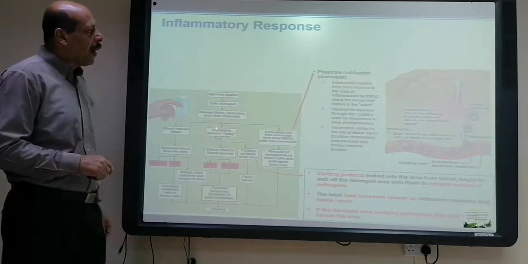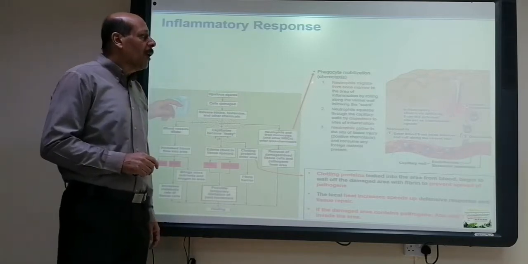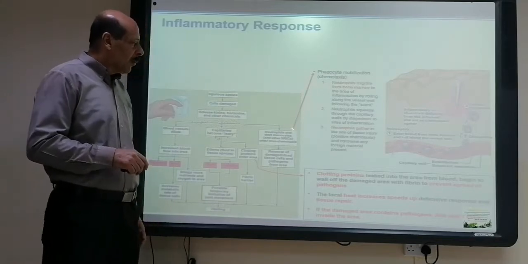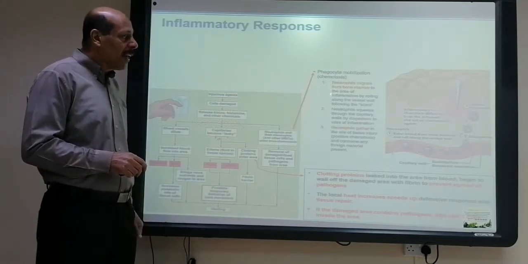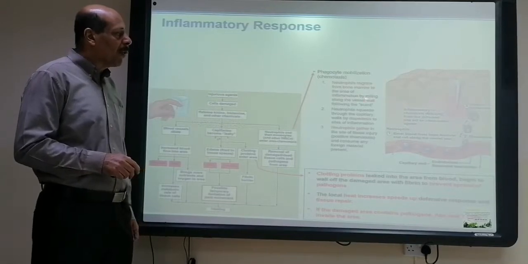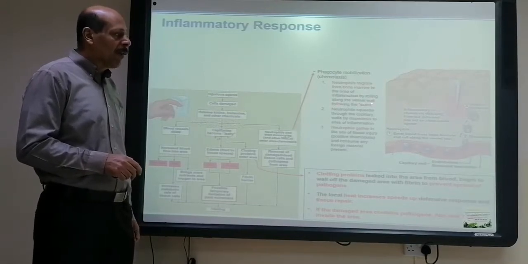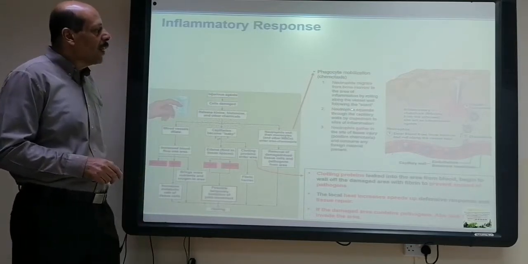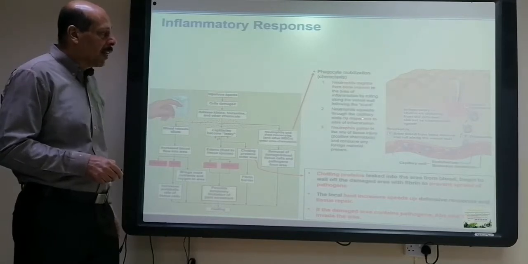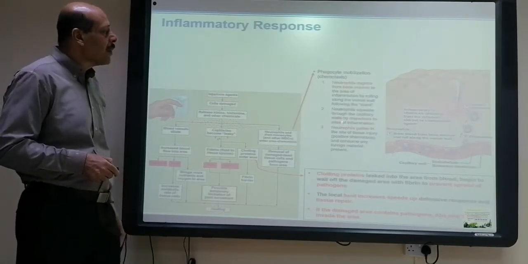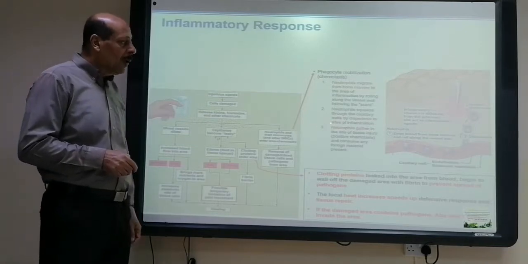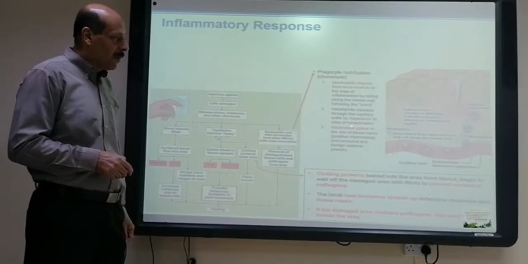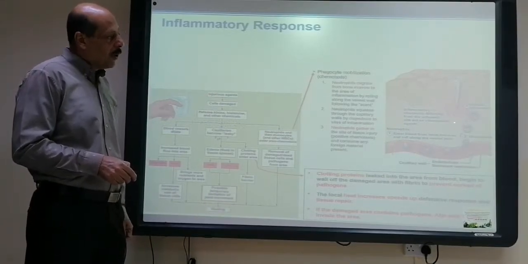So this is again the inflammatory process and how it happens with phagocyte mobilization and chemotaxis, as we said here, by the neutrophils. Neutrophils migrate from the bone marrow to the area of inflammation by rolling along the vessel wall, following the cells, and squeezing themselves through the capillary wall to the site of the inflammation.